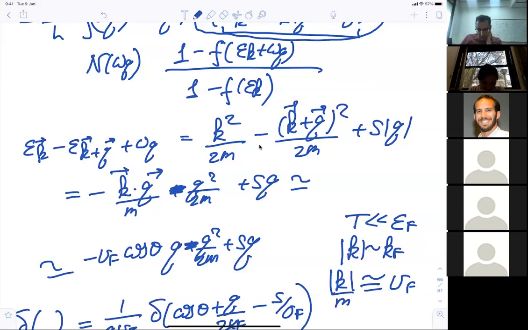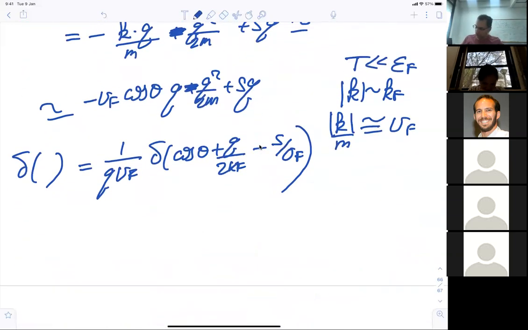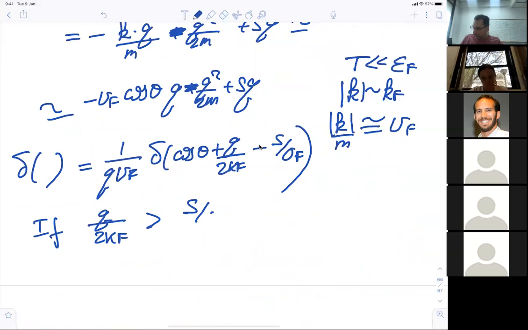Yeah, but now we see that if q over 2k Fermi is larger than our S over V Fermi, and remember that this is always very small.